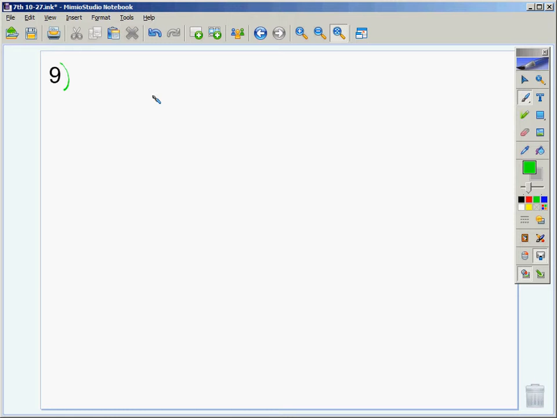So, number 9. Karina needs a total score of at least 627 on 3 games of bowling to break a league record. It says a total. That's one of the totals. She bowls a 222, and she bowled a 194.